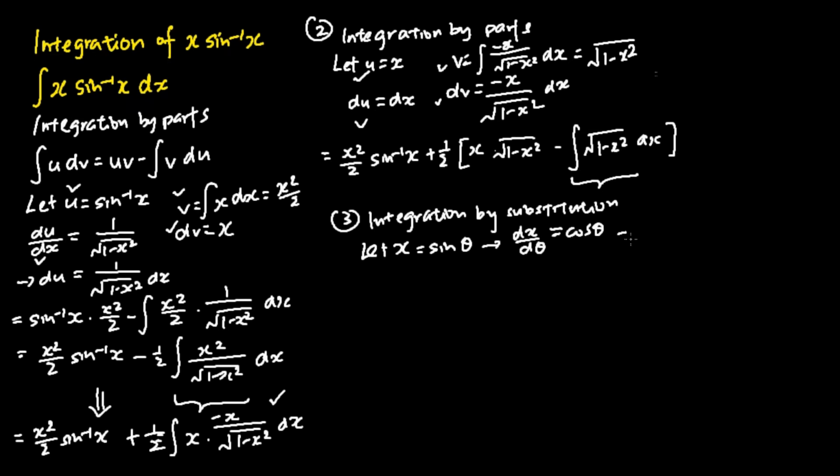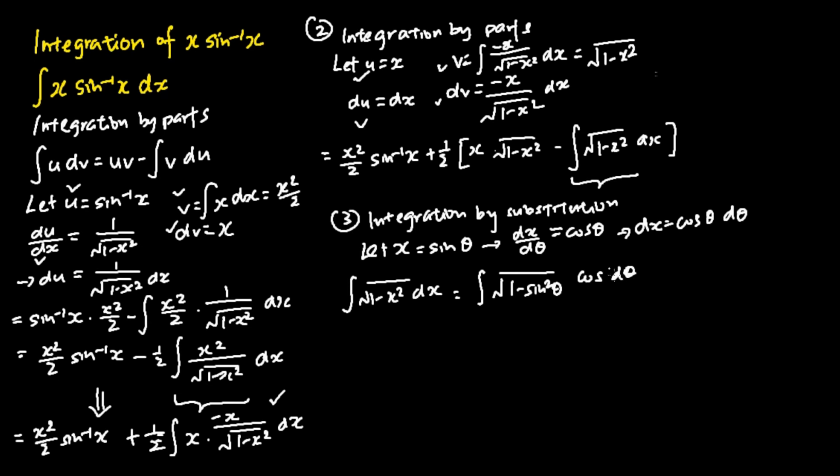Multiplying both sides by d theta, I get dx is equal to cosine theta d theta. We substitute all the details inside, so we get the integral of 1 minus sine squared theta. So my dx is cosine theta d theta, and I will get the integral of just cosine squared theta d theta.